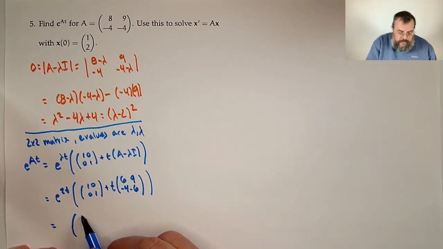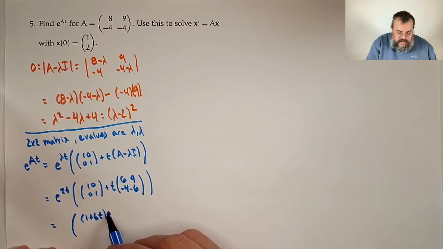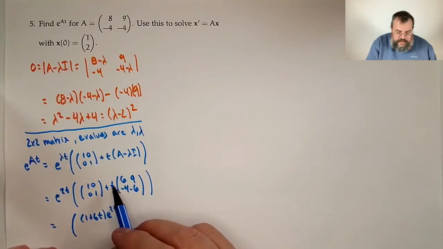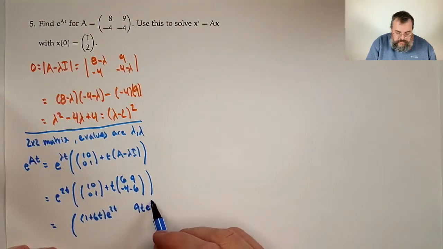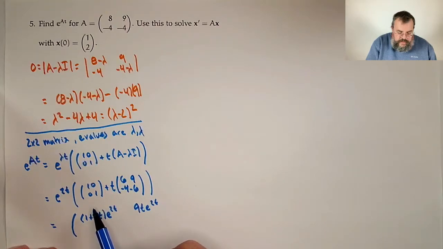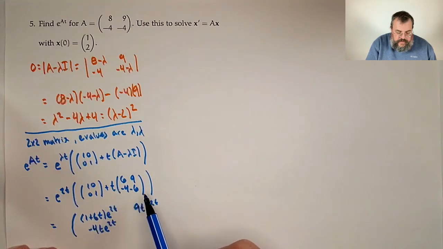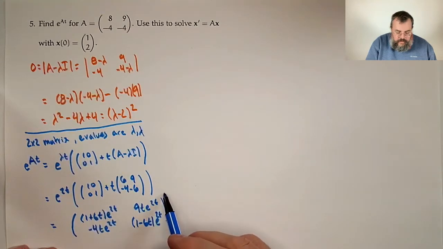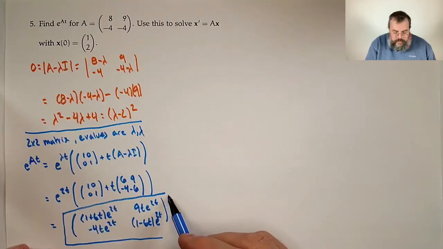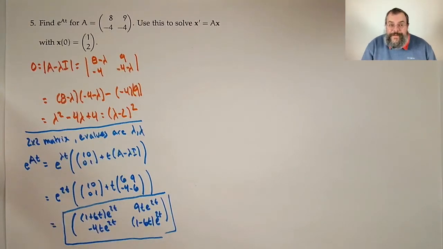We get 1 plus 6t times e^(2t), 9t e^(2t), then 0 plus t times minus 4, so that's minus 4t e^(2t), and the last part is e^(2t) times 1 minus 6t. And we're done solving for e^(At).